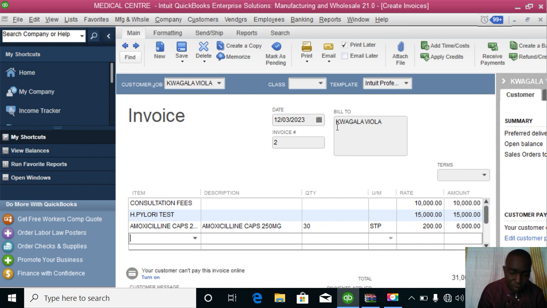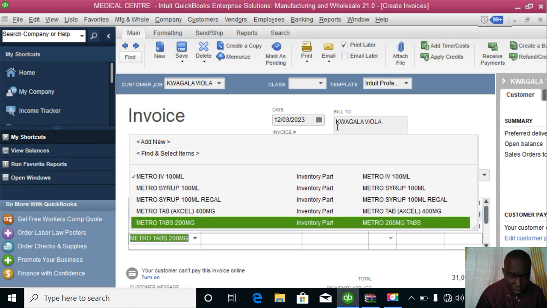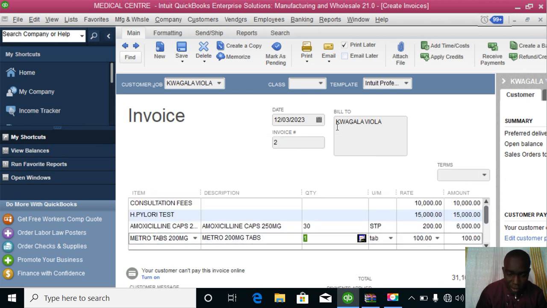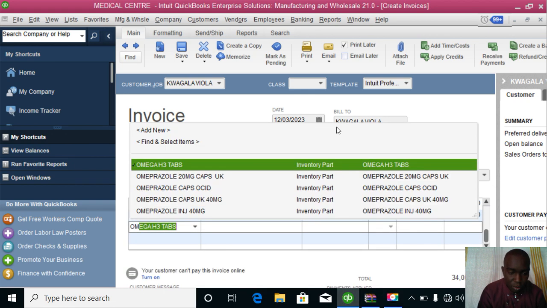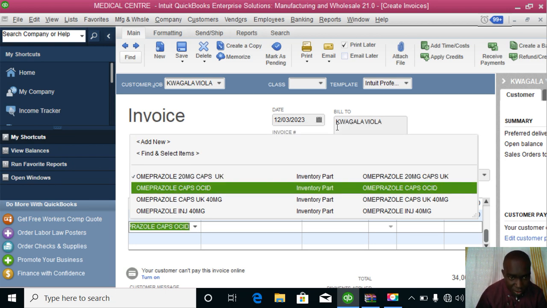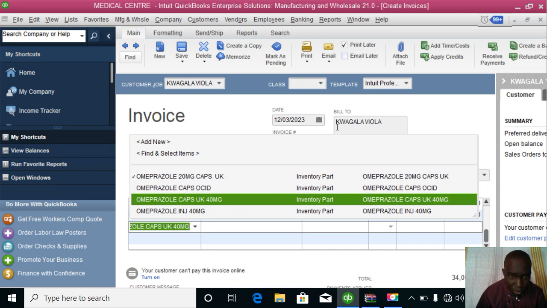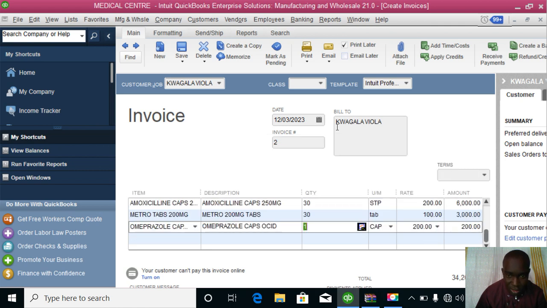Then we shall give metronidazole. We shall also give 30. Then we shall give omeprazole. So here we have different types of omeprazole. Omeprazole UK, omeprazole OCID. So we shall give omeprazole OCID 10.